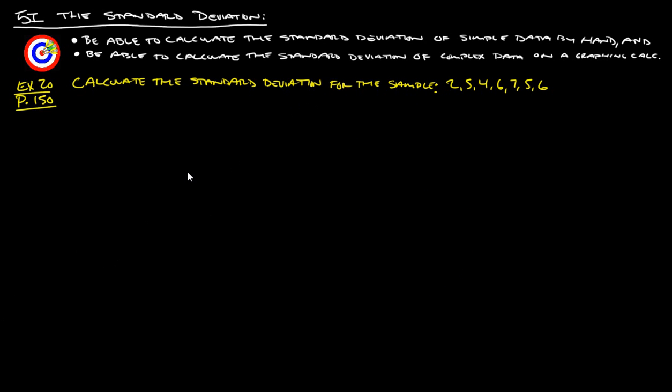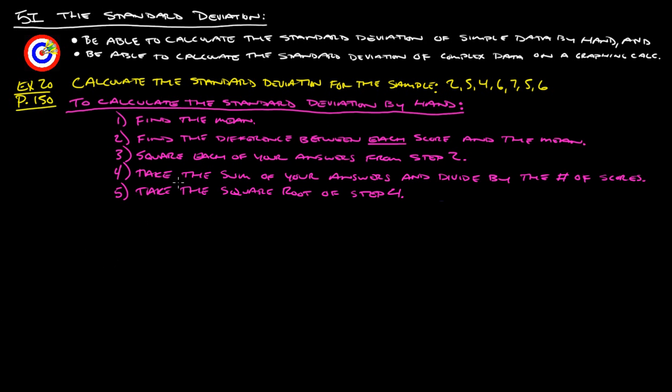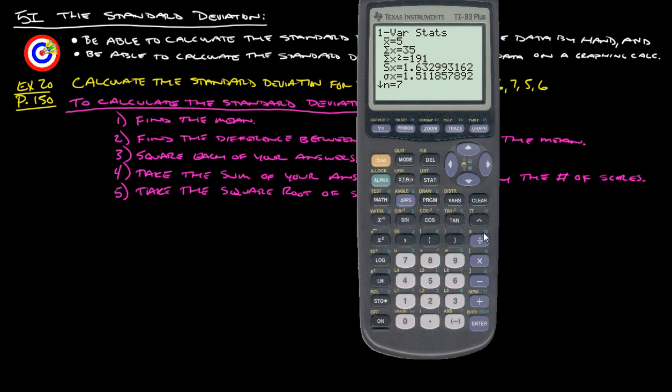Here are the steps again from the previous page. So let's do this piece by piece. First thing we're going to do is find the mean.